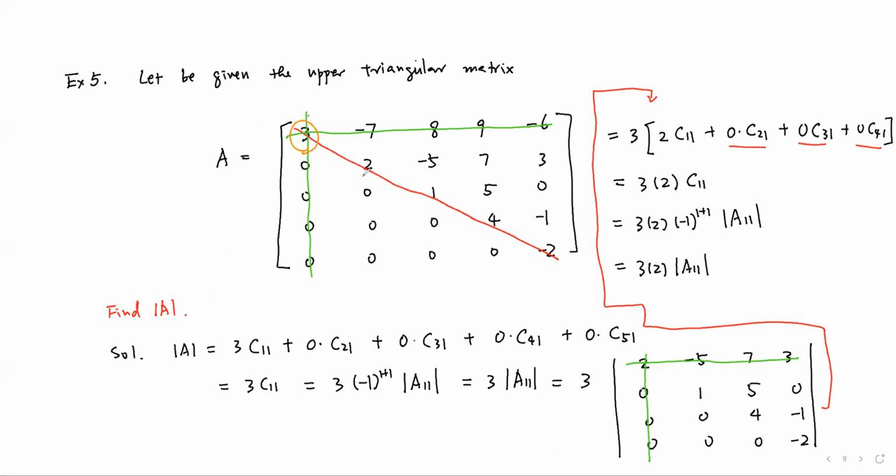3, 2, 1, 4, -2. Therefore, for an upper triangular matrix, the determinant is equal to the product of the main diagonal entries: 3, 2, 1, 4, -2.